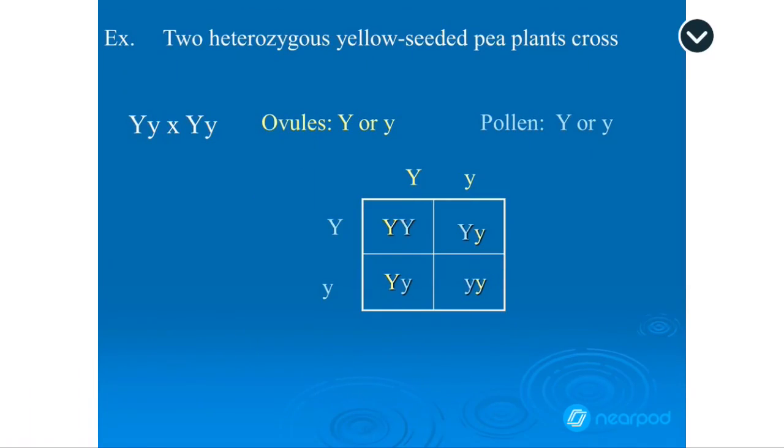And so consider this example. We have 2 heterozygous yellow-seeded pea plants. Again, hetero means different, so that means big Y, little y. So the ovules could have a big Y or a little y. The pollen could have a big Y or a little y. We put the ovules as the headers of the columns here, and the pollen as the headers of the rows, and we combine those letters, and you can see the 4 possible zygote combinations: 1 homozygous dominant, 1 homozygous recessive, and 2 heterozygous.